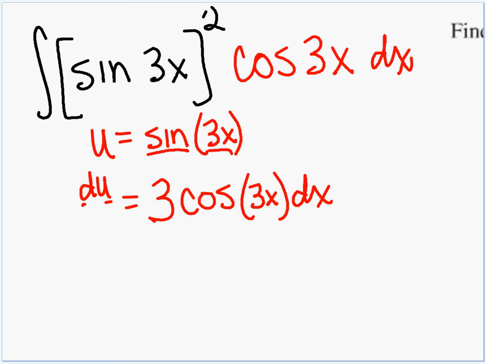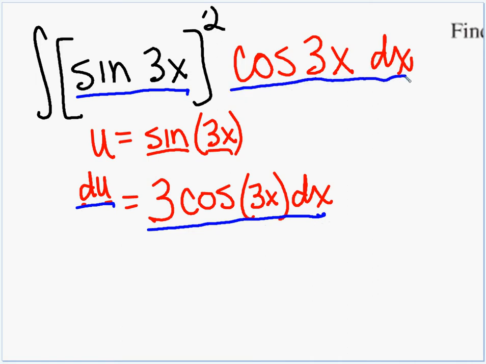And if we have a 3 cos 3x dx, we can replace that with a du. We've got the cos of 3x and the dx part, so all we're missing is that 3. So I could put the 3 right here or next to the dx. It doesn't really matter. But if we put a 3 inside the integral sign, we must balance it with the reciprocal 1/3 out front. So let's write this all now in terms of u's.